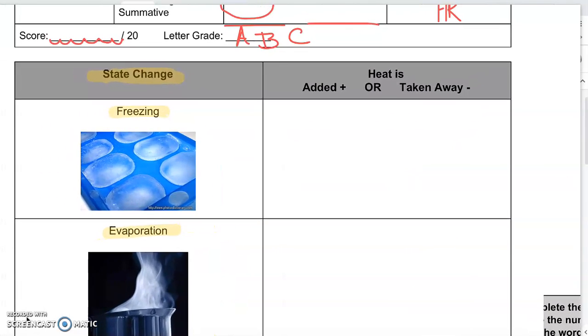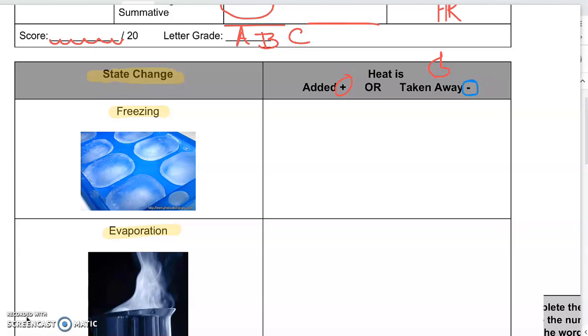You are going to decide, is heat being added or taken away? Remember, our added is red and our taken away is blue. So let's first take a look at freezing.